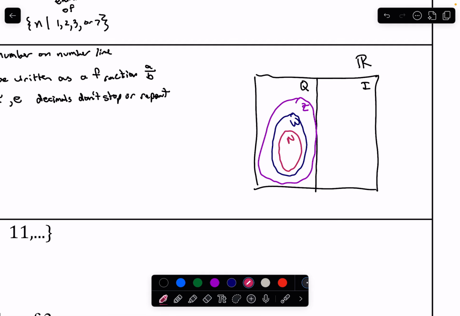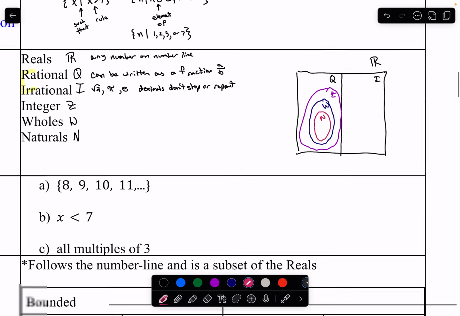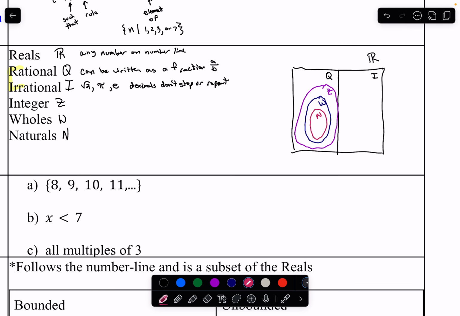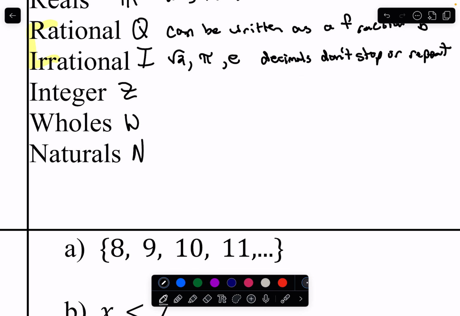So let's look at what those are, okay? So I told you that Z was an integer. That is the set specifically of the negatives, 0, and the positive whole things. Their decimals stop exactly at the units, so they are a whole unit, whether they're positive or negative.